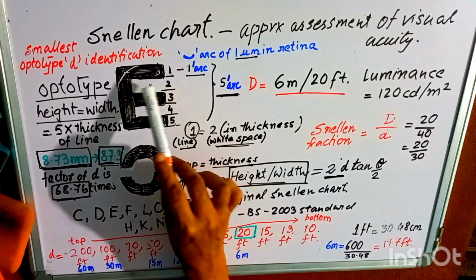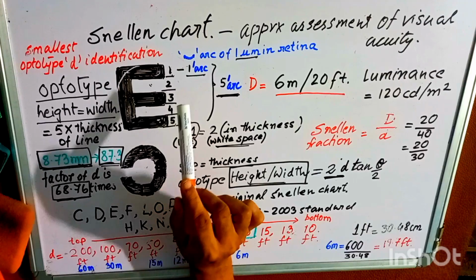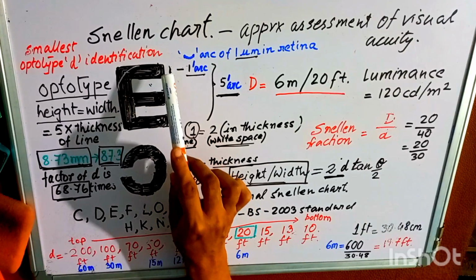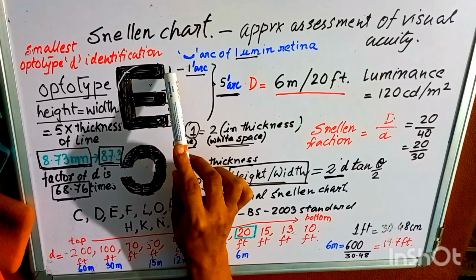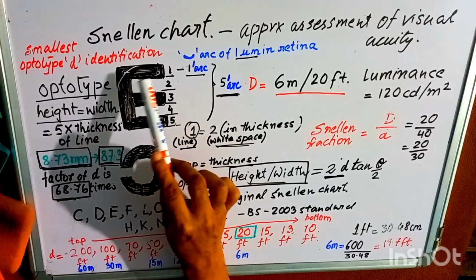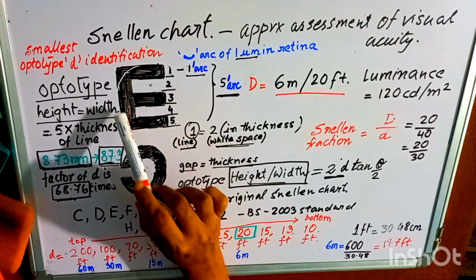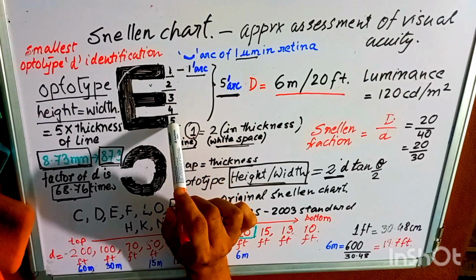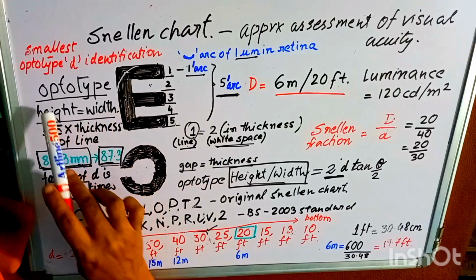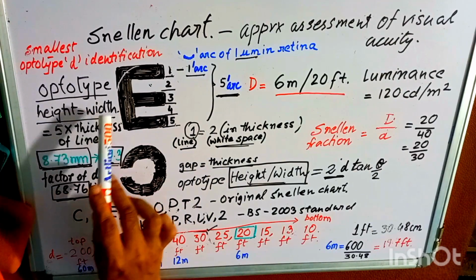portions of this optotype, of this E, and each of these equal portions will subtend an angle of 1 arc minute in the retina, because the whole thing has to subtend an angle of 5 arc minutes in the retina. So the height is equal to the width, so it's a square.